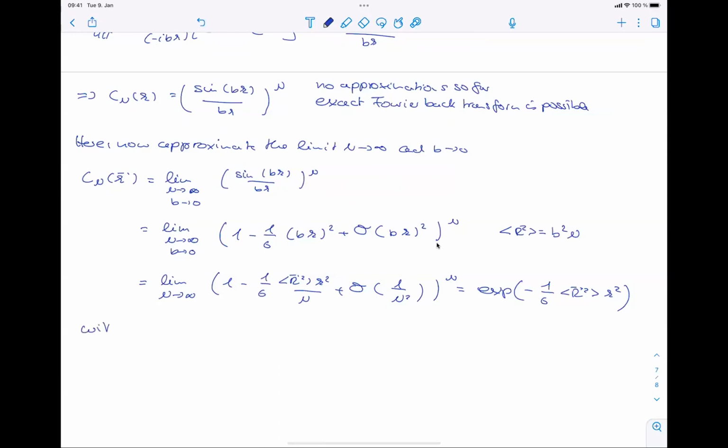The back transform, we arrive at the previous result.